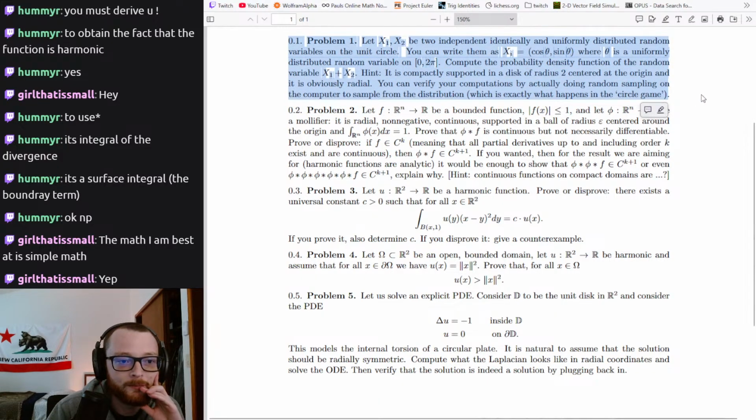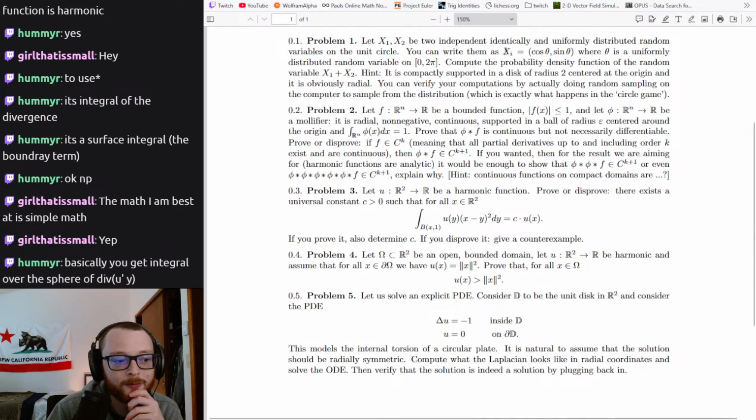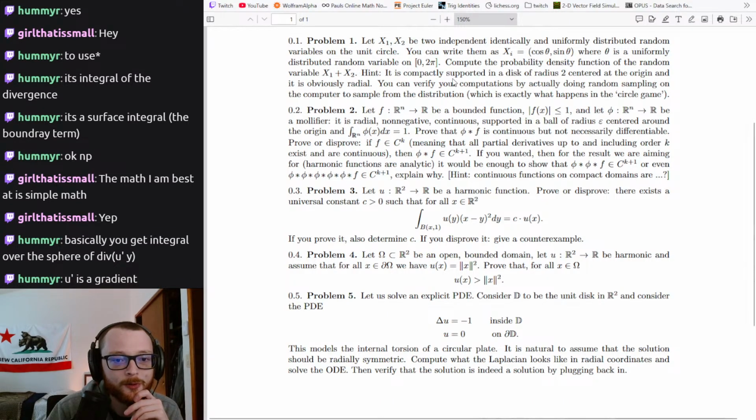I feel like I should be able to do this. The thing that's going to confuse me is I've never seen a random variable be a vector, and I guess we can do it separately for each component, but that seems weird.